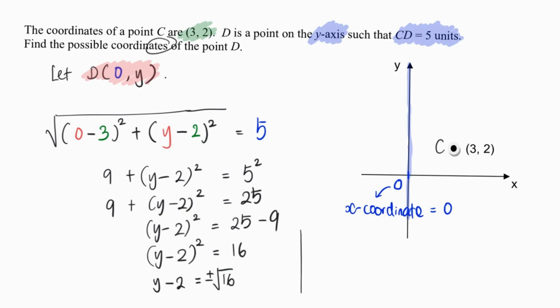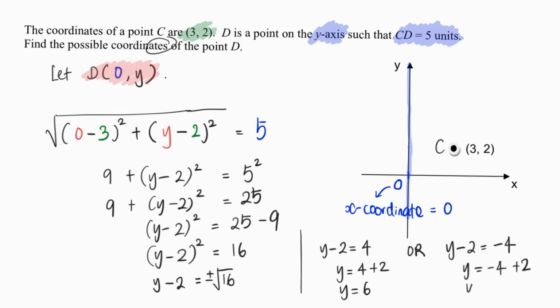And therefore, there are two possible answers. y minus 2 is equals to positive 4. And I will get the first possible answer is 6. Or y minus 2 is equals to negative 4. I'm going to plus 2 on both sides.